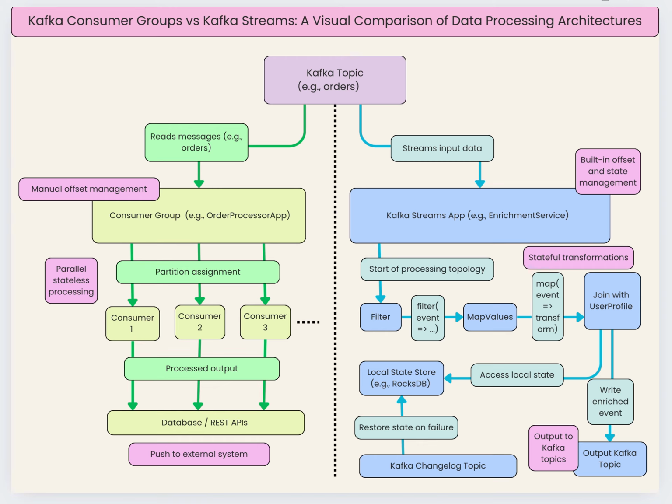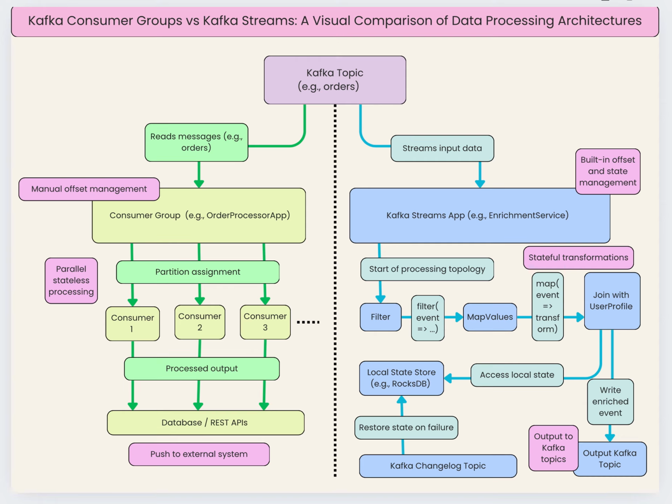Let's do a quick head-to-head comparison to solidify the differences. For language support, Kafka consumer groups use any language like Java, Python, Go, etc. But with Kafka Streams, you can only use Java or Scala.